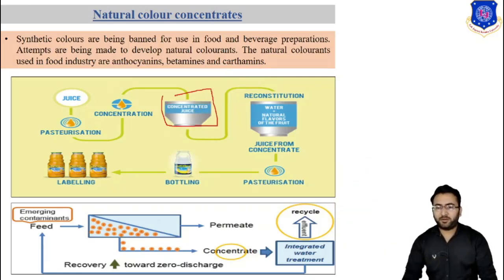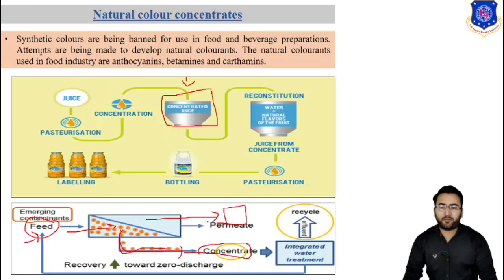So if we replace the distillation with the membrane separation process, first the feed is added to the reverse osmosis assembly, then the concentrate is rejected, which is used for the color purpose, and the water can be used for other purposes. So we get the concentrate as the reject from the reverse osmosis and pure water from the permeate, which is used for other treatment or other purposes.